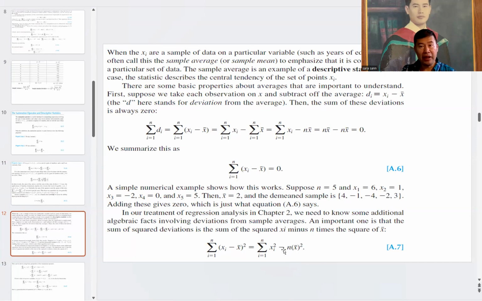Multiplied, it becomes 2n x bar squared minus n x bar squared, which equals n x bar squared. So finally, summation i = 1 to n of (x_i minus x bar) squared equals summation i = 1 to n of x_i squared minus n x bar squared. This is the final form of equation A7.